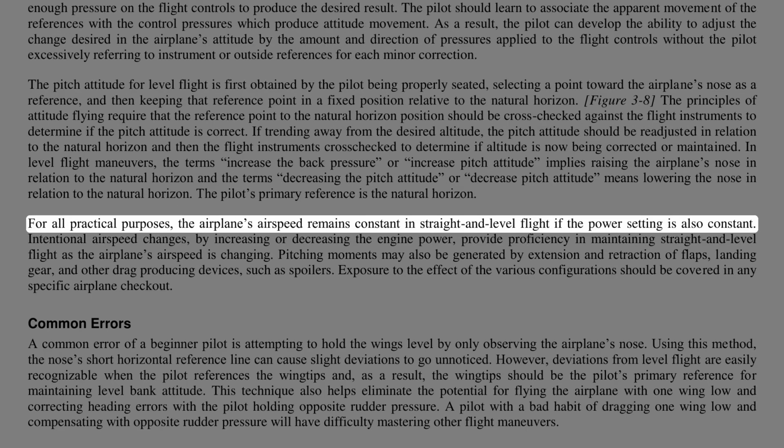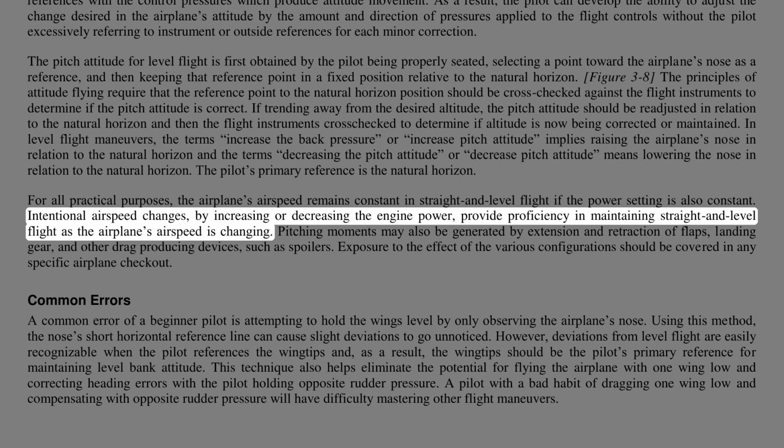For all practical purposes, the airplane's airspeed remains constant in straight and level flight if the power setting is also constant. Intentional airspeed changes by increasing or decreasing the engine power provide proficiency in maintaining straight and level flight as the airplane's airspeed is changing.